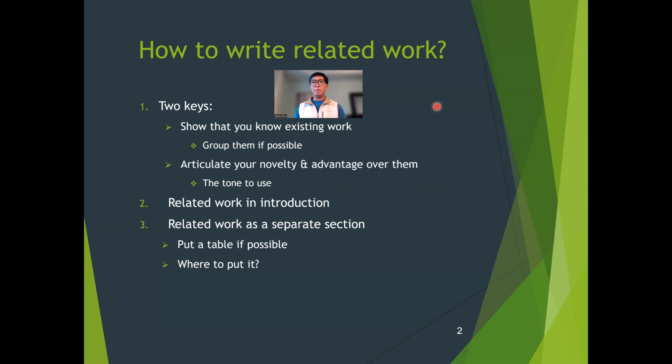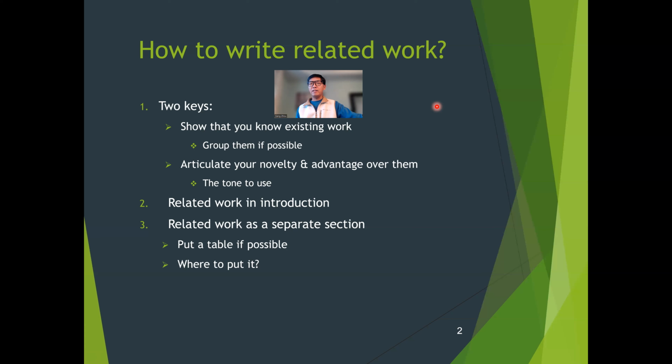Existing papers got published, they're visible, they're good, right? Even though they have limits that you improved upon. So you should describe existing work, describe their goodness, their merits. They definitely have merits in order to be published, in order to be visible so that you get to know them, right?